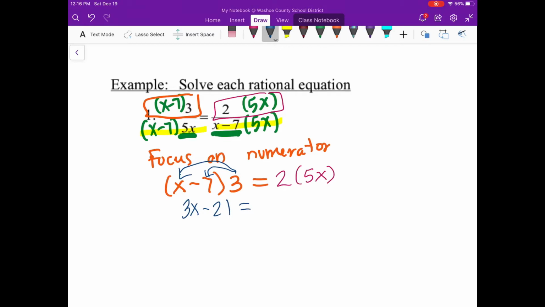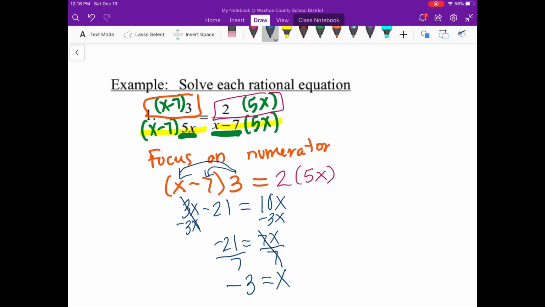I get 3x minus 21 on the left, and 2 times 5x is 10x. I'm going to subtract 3x from both sides. I'm starting to solve for x, that's what solve means. And I get 7x here. Then divide by 7, cancel, and I get negative 3 equals x.